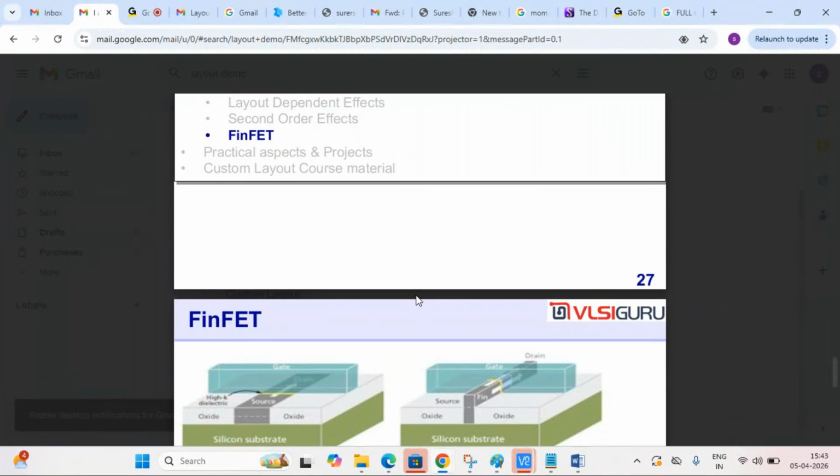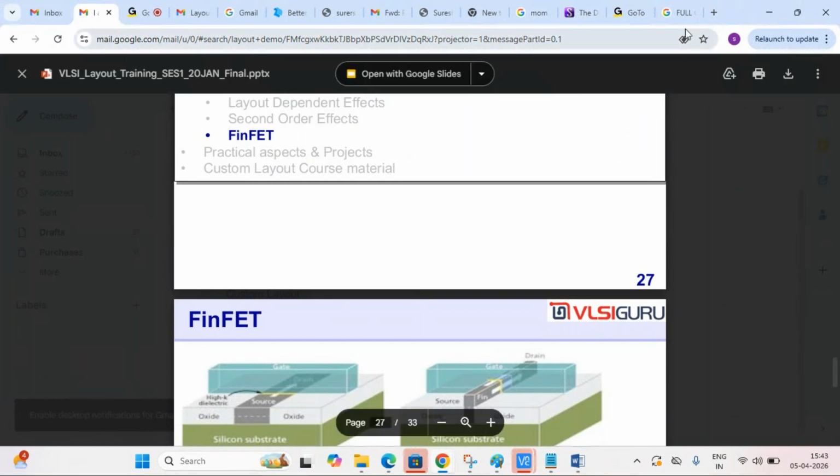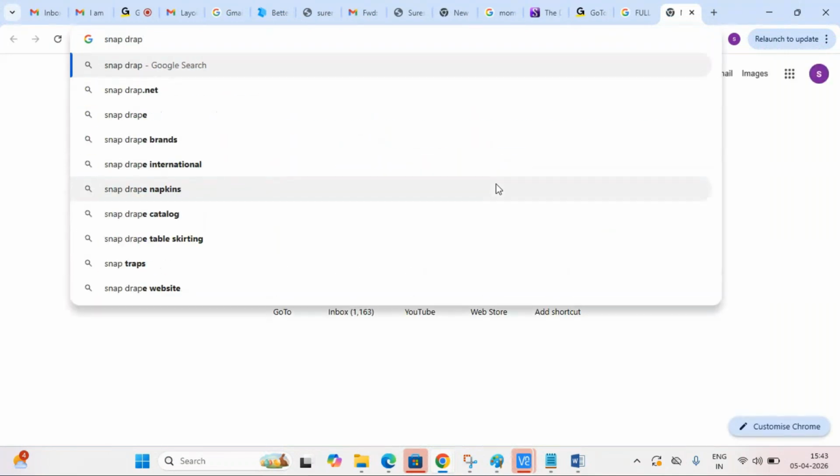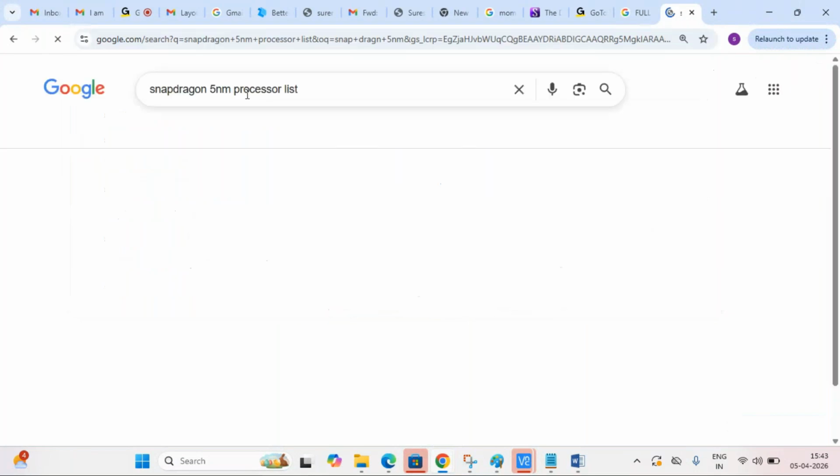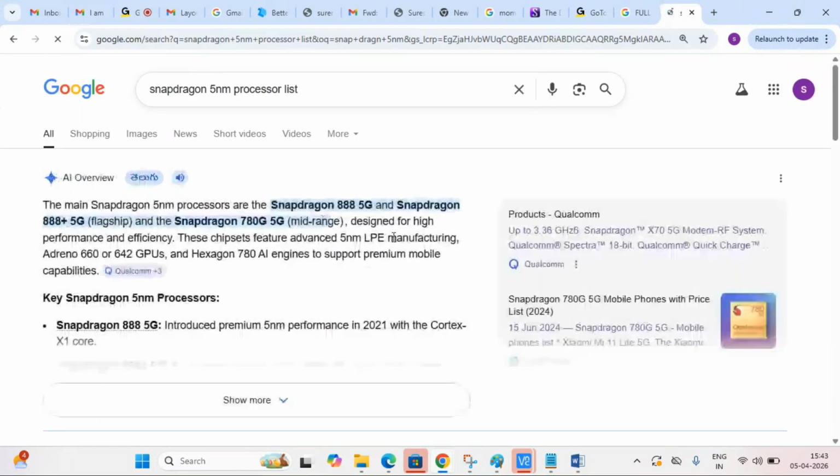If you see the Qualcomm Snapdragon, 3 nanometer, 2 nanometer is still in R&D, but 5.7 is already proven and has come to the market. Flagship phones have started using 5G.